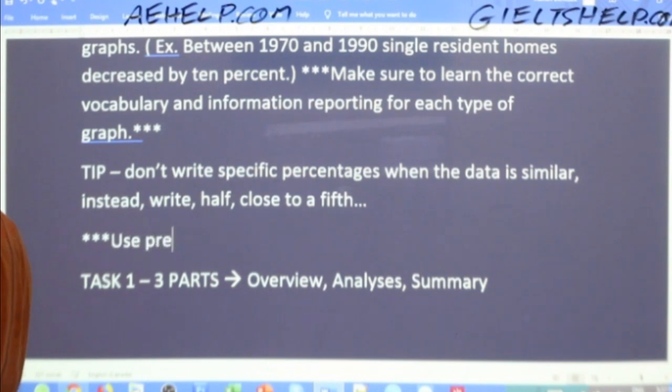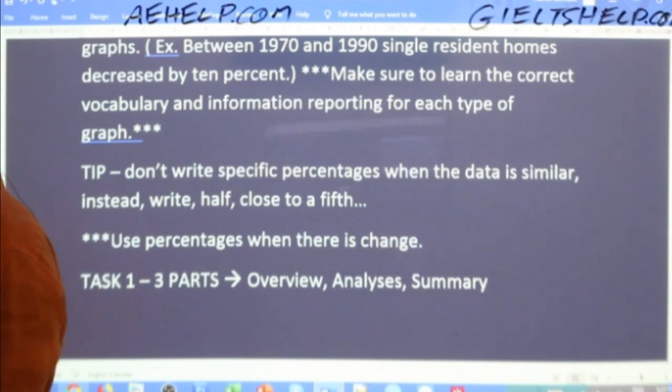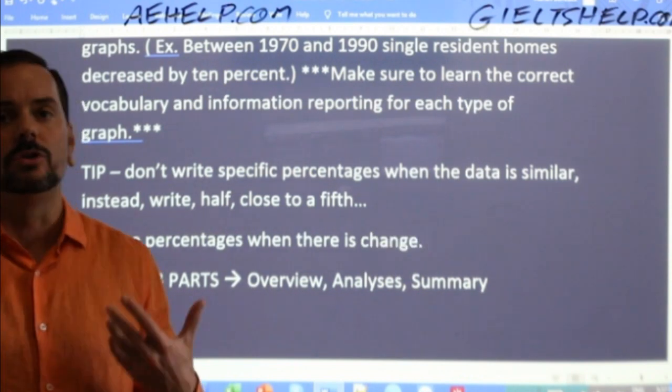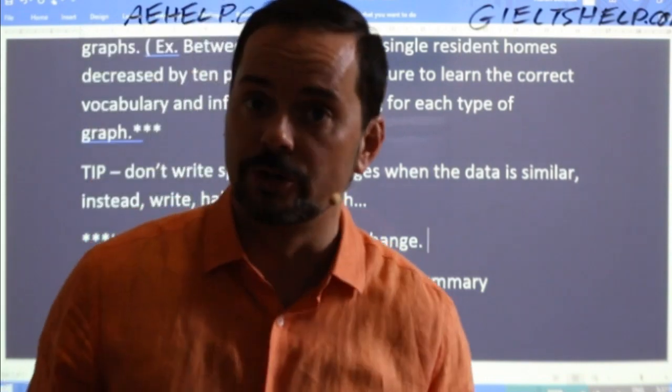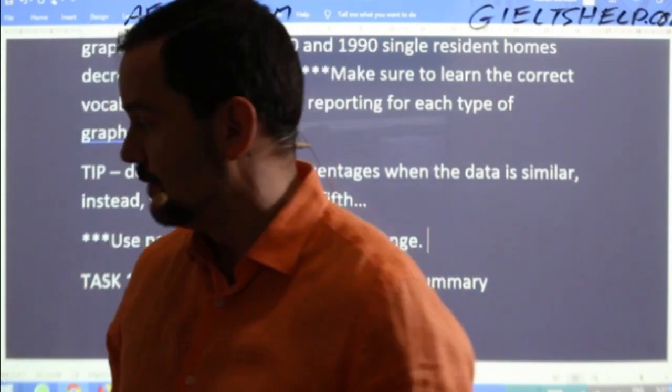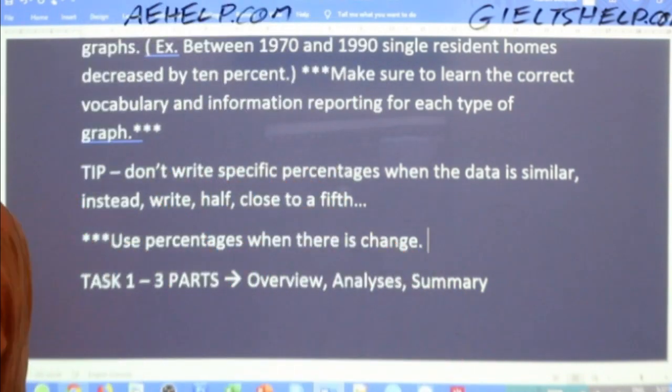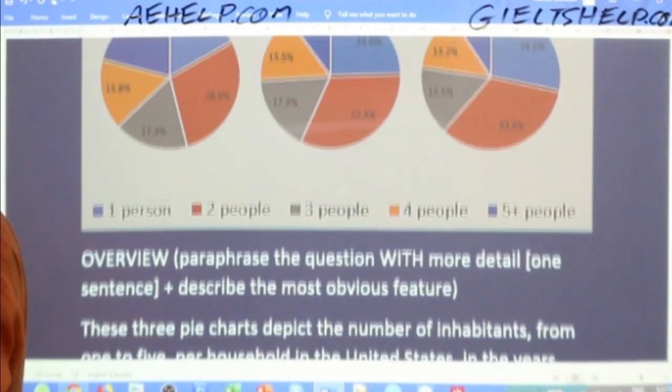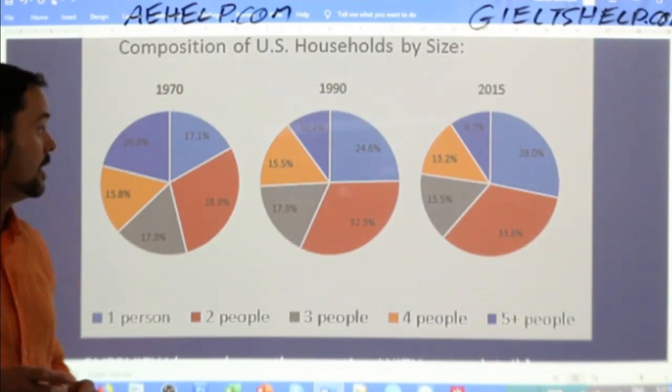Use percentages when there is change, okay? Now, even when there's change, you want to use your vocabulary like doubled, tripled, okay? If you can, all right? So use those.